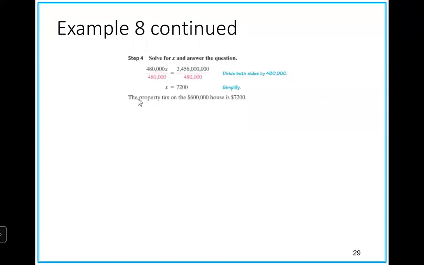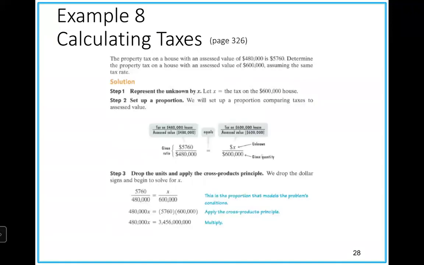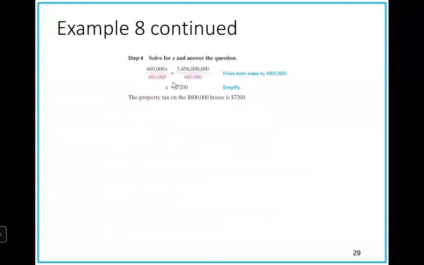You could finish off by answering the question. You don't just stop at x because the question didn't ask you for x. The question asked you to determine the property tax on a house with an assessed value of 600,000. So you finish by saying the property tax on the 600,000 house is $7,200. That's your procedure for using proportions to work out the tax on a house. That's just one type of example you could use it for.